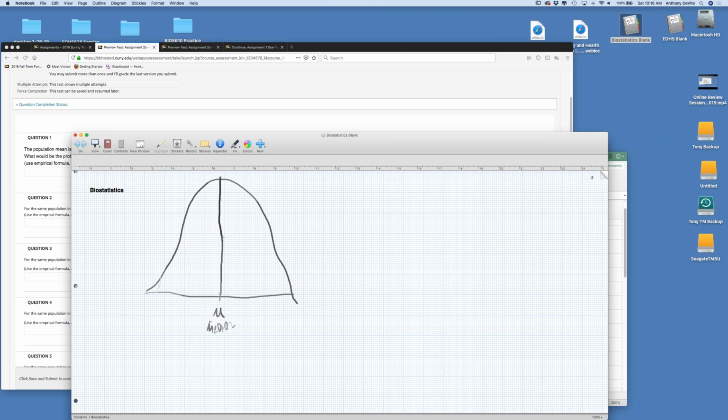It's also symmetrical, so we could actually fold it over. This represents 50% of the distribution, and this represents 50% of the distribution. The other thing we know is that there's a certain combination of properties between the mean and the standard deviation. I'm going to call the mean 100 here.